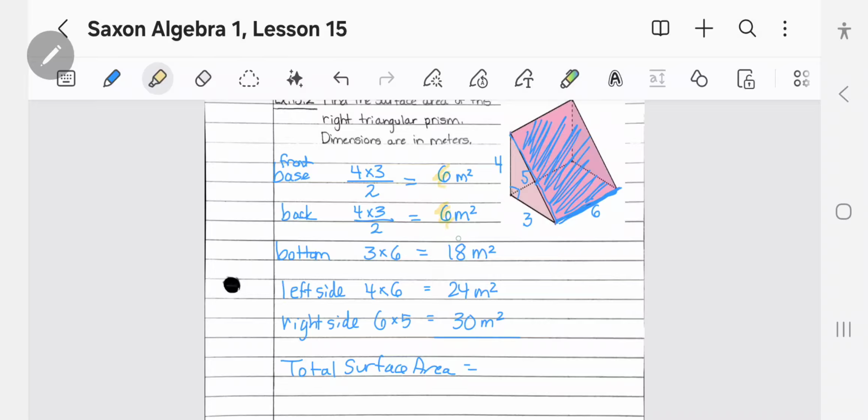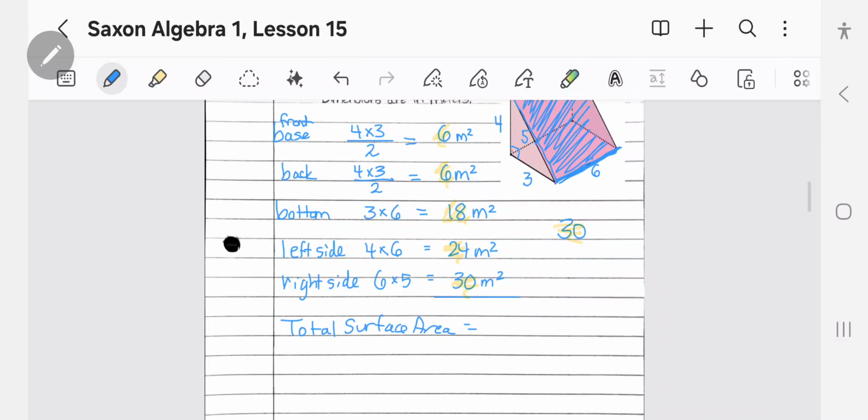And then that 12 plus this 18 would give me 30. So now I have a 30 for those 3. And I can put that 30 and this 30 together to get 60. And then you add this 24 to it, and it's going to be 84. So 84 square meters is going to be your total surface area.